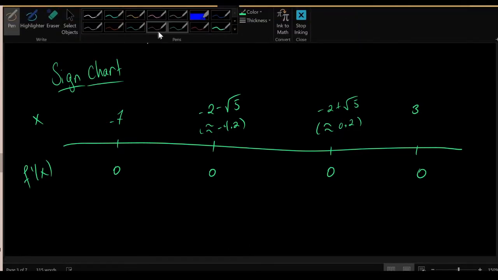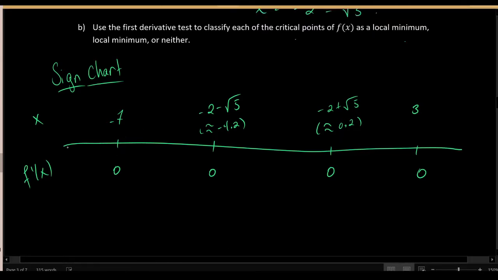And I'm going to do that by picking some test value of x in each region. So for example, to the left of negative 7, I might pick a test value of minus 8. In the second region, between negative 7 and negative 4.2, maybe negative 5.